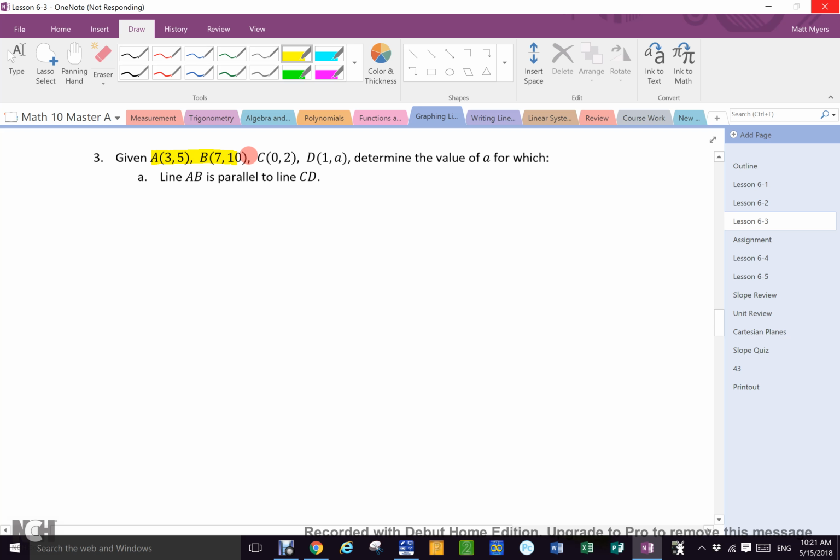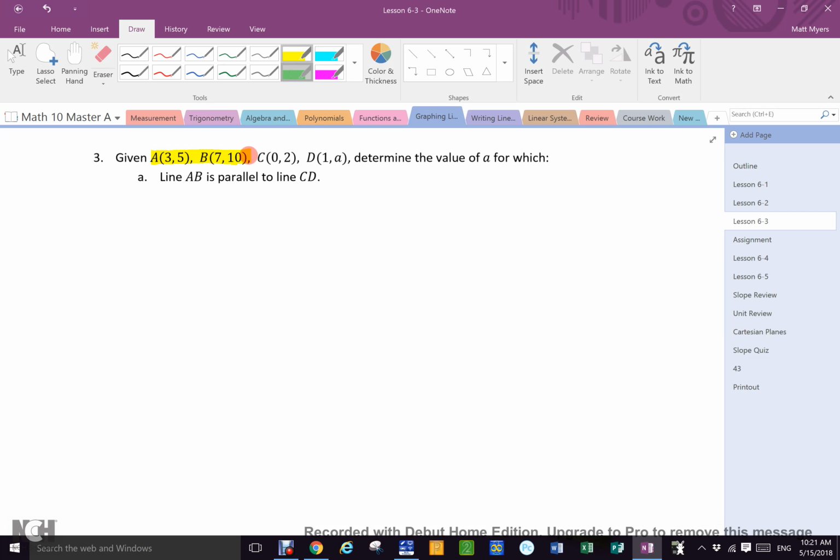Two different lines, correct? But I've got an unknown. Where's my unknown? It's in D, right? So, if those lines are parallel, what do I know about the slope of AB and the slope of CD? They're going to be the same.